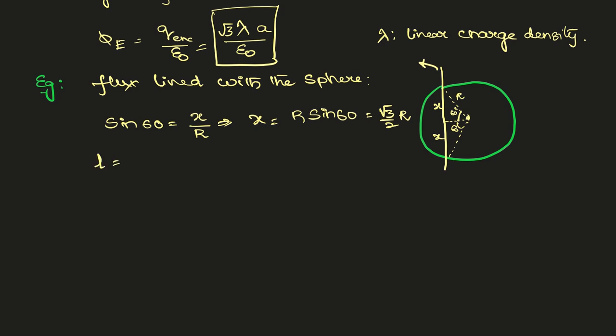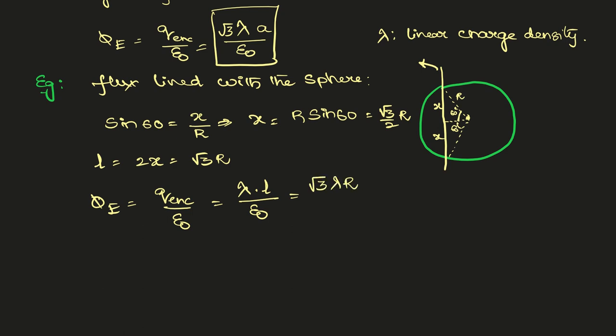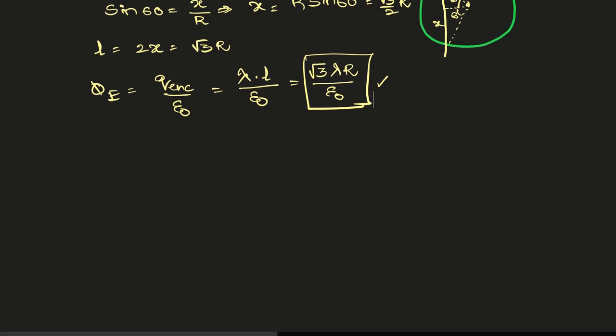So the total length will be 2x, that is root 3 r, and hence the total flux linked will be equal to charge enclosed by epsilon naught, which is linear charge density into length by epsilon naught, that is root 3 lambda r by epsilon naught. So you can expect some questions like this based on identifying electric flux through any closed surface.